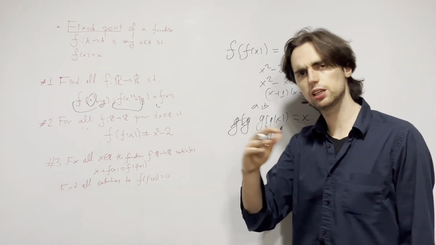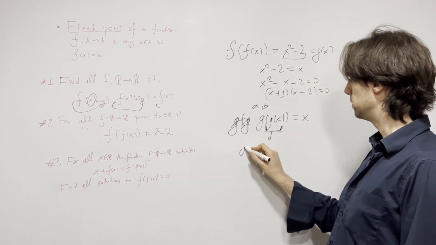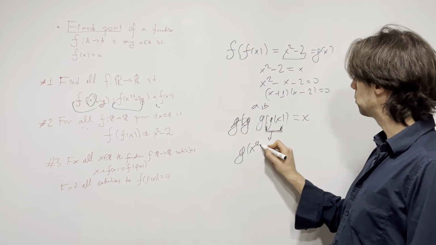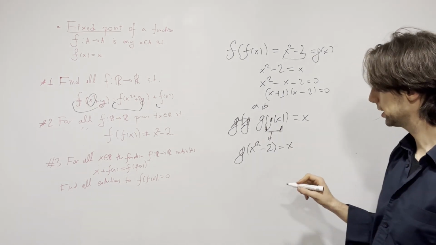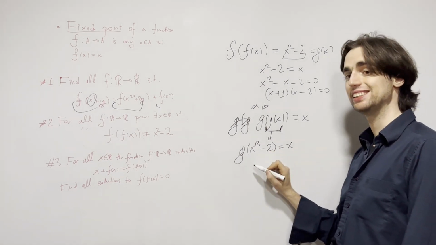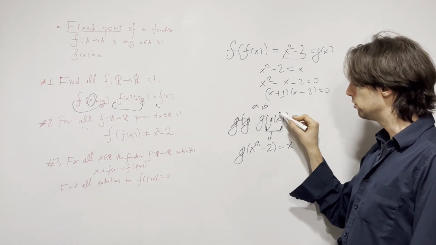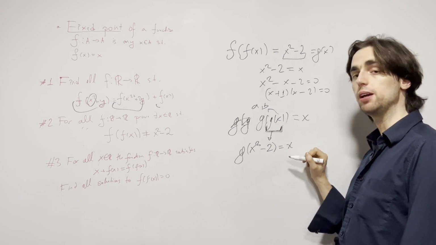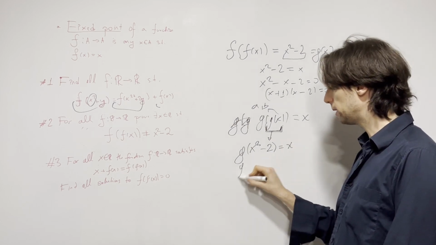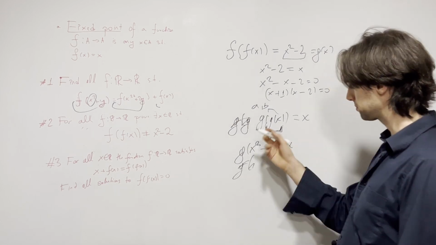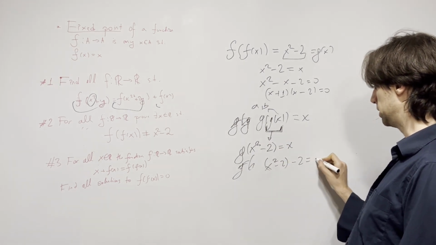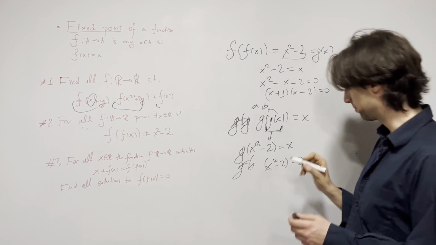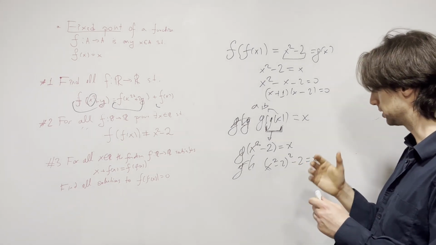Or actually, let me just say, this is going to be g of x squared minus x minus 2 is equal to x. And how many fixed points does this have? Well, we know g of x for x equals a and b are already 2 fixed points. So here we'll have a polynomial of degree 4. This will be x squared minus 2, minus 2 is equal to x. X squared minus 2 squared is equal to x.